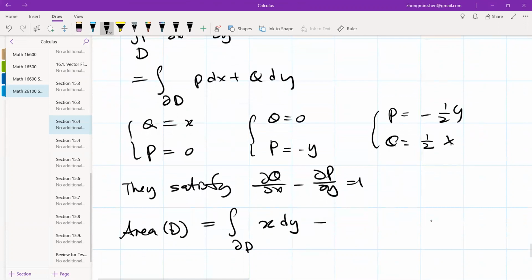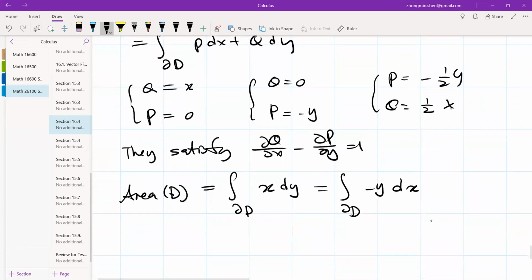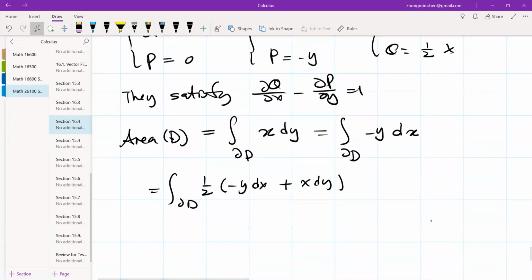Or the second choice, P is -y, so -y dx. Or you can use the last choice, half of -y dx plus x dy. Okay, so you can use any of these line integrals to find the area.